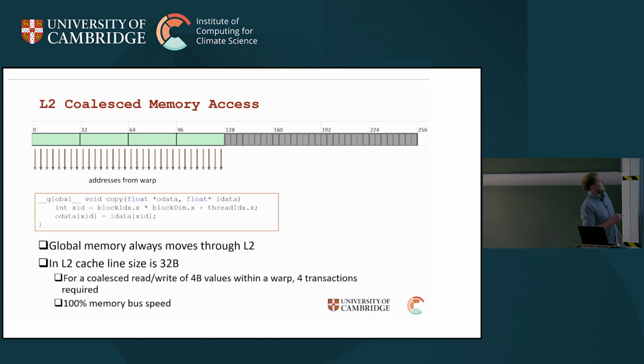So this is all of our threads. This is all the data that's going to move. This is really good. We're happy with this because we effectively are using all the data that we're moving. So in L2, this is going to mean that we have to move 4 cache lines to service this warp. We have to move 4 whole cache lines. But for every cache line that we move, we're using the data out of it.